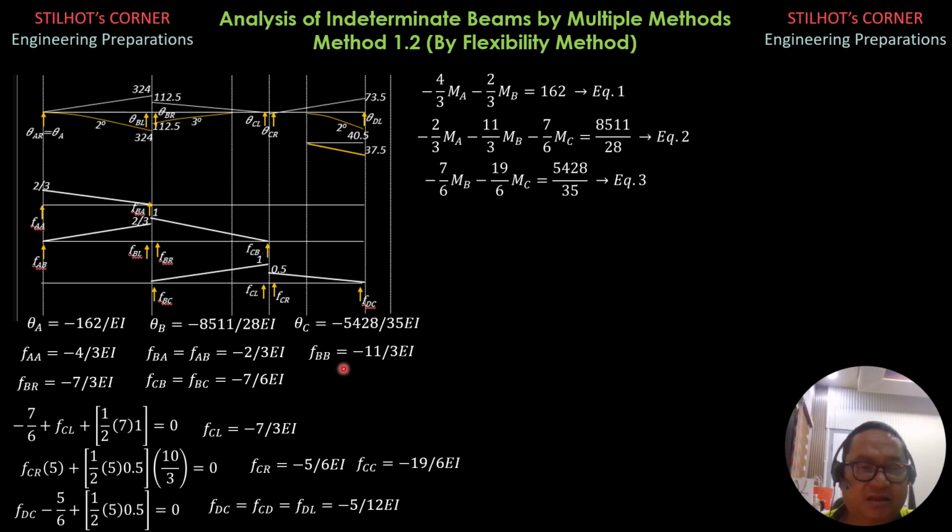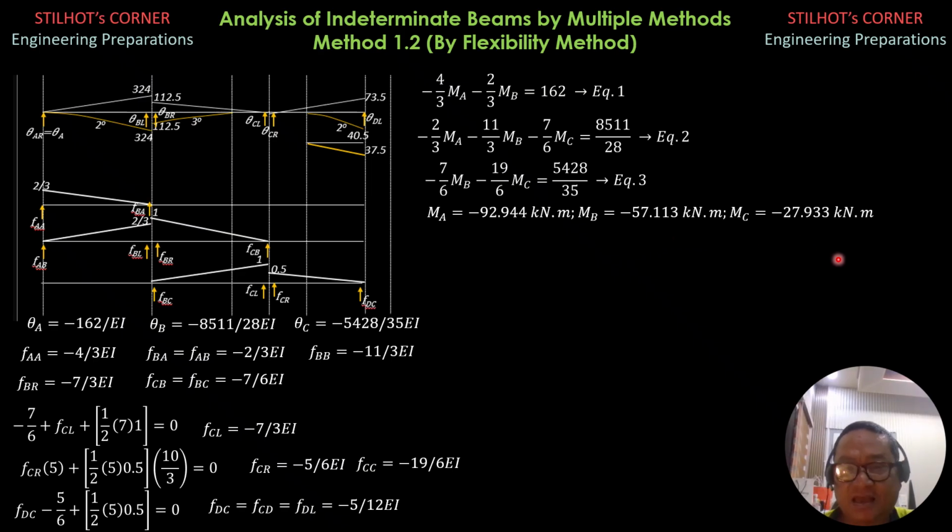Take note that we don't consider the effect of MD anymore, because MD is readily known, negative 9 kilonewton meter. So just these force coefficients. Solving these three equations simultaneously, we get MA negative 92.944 kilonewton meter, MB negative 57.113 kilonewton meter, and MC negative 27.933 kilonewton meter.